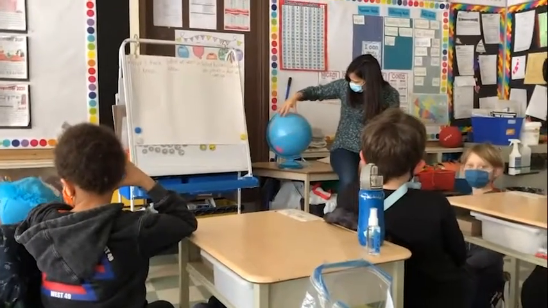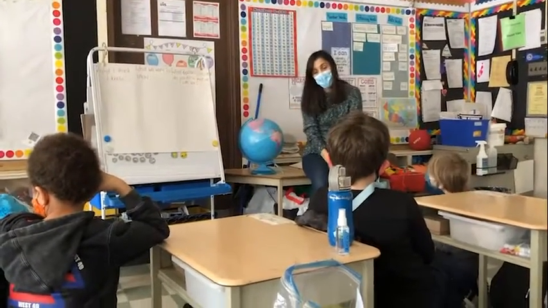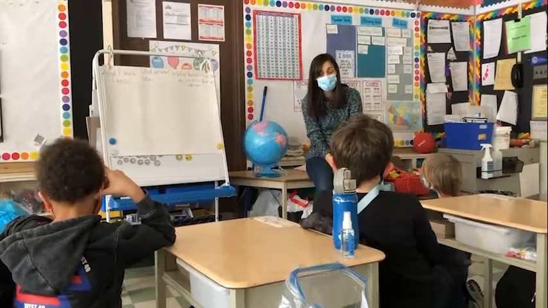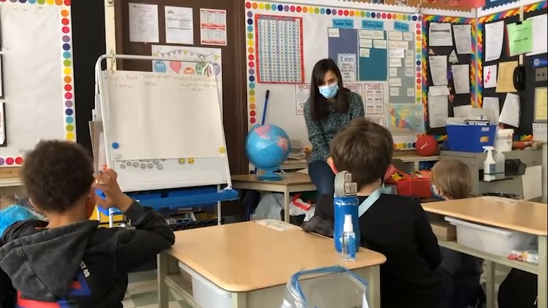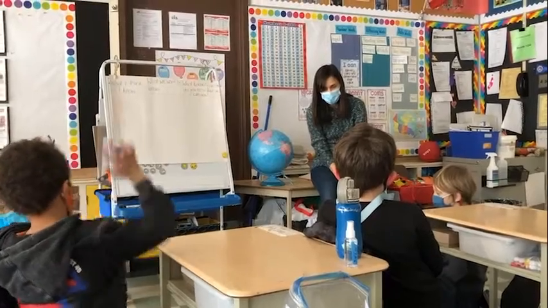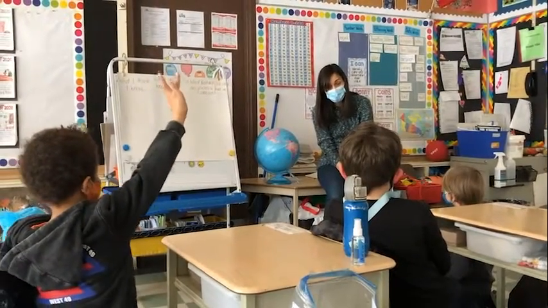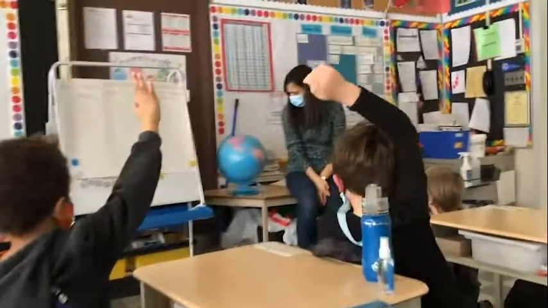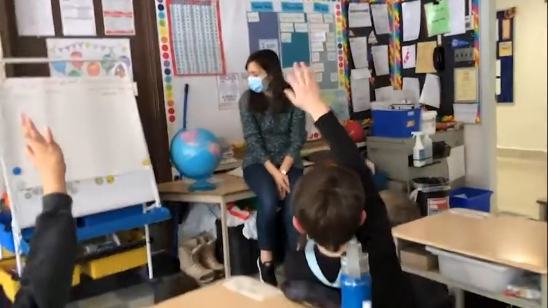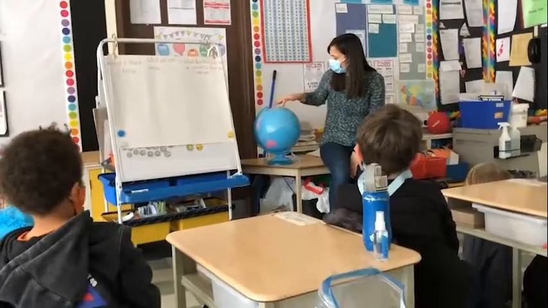It's like a map just shaped in a ball. It's a globe, but it's the shape of the earth, so that's what it would look like on the earth. Good, I like it. It's a map shaped on a ball. Wow, I love that answer. Okay, Arlo, why do we use the globe?